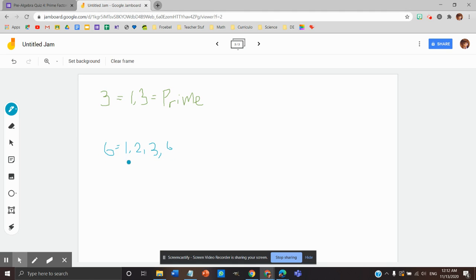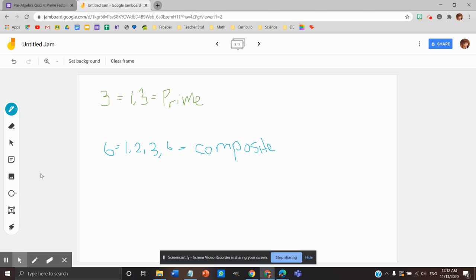So because it's divisible by more than just itself and 1, this is not a prime number. This is then a composite number. There we go. Well, that took a little bit of time.